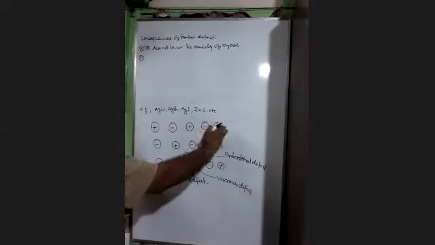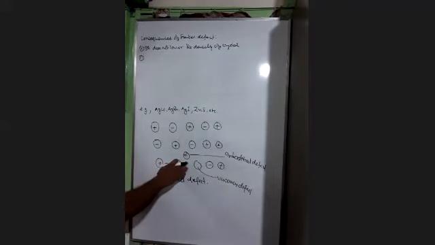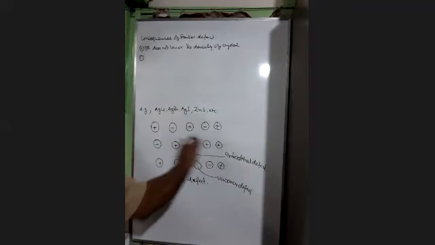Second, see here, two positive charges are very close to each other, so it leads to repulsion. The number of positive and negative charges is the same, but in each row there should be uniformity in the charge. In this case, because of repulsion, the charge is disturbed, and this type of effect is called dielectric property.